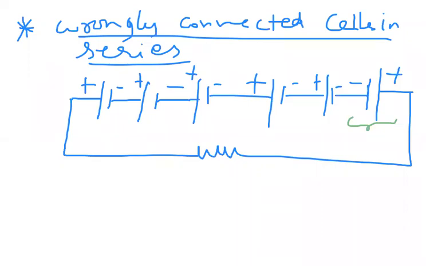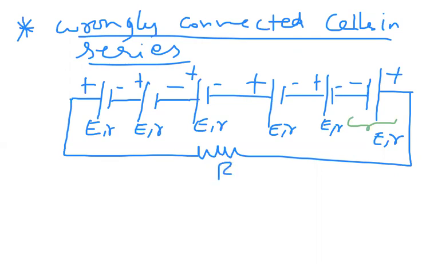But in one cell I connected negative to negative, or positive to positive. If you connect like that, that is called a wrongly connected cell in series combination.